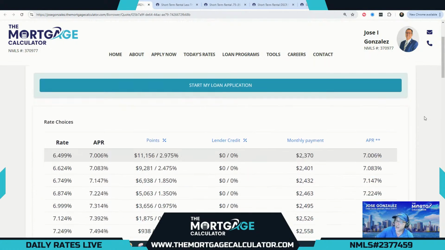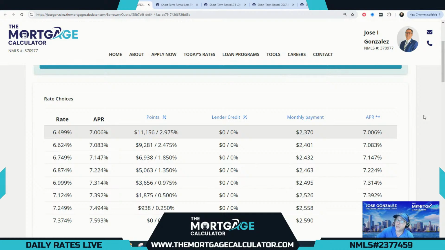However, here at the Mortgage Calculator, we have this option for cash out refis, full LTV, 75%. The only catch here is that it does have to be for properties recently put into service as a short-term rental. That means a property that was either recently purchased or may have just undergone an extensive renovation, preparing it to be put to work as a short-term rental and furnishing it and all that stuff.